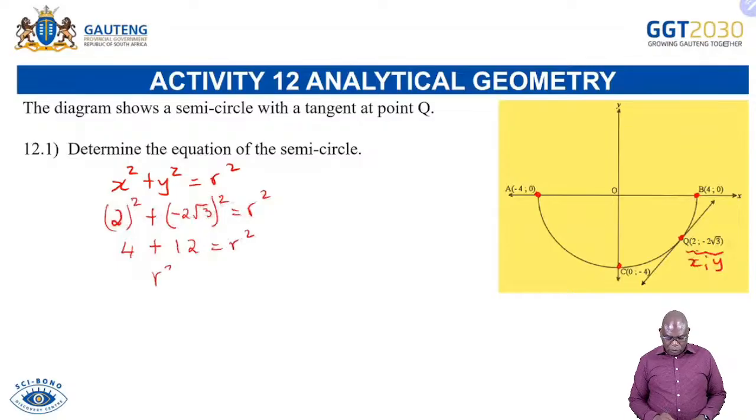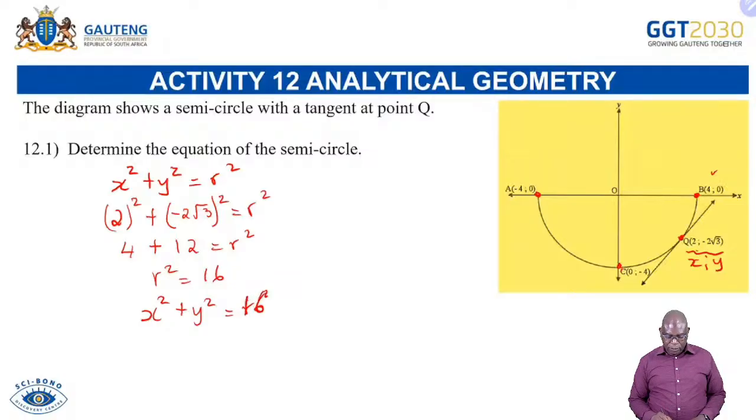And then my r squared is going to be 16. So you guys, if you have used another one, make sure that you still get 16. Then my equation of a full circle is x squared plus y squared equals r squared, or 16 for this one.